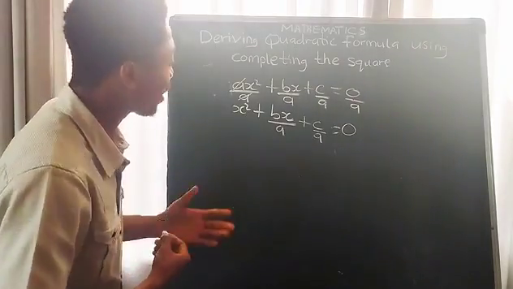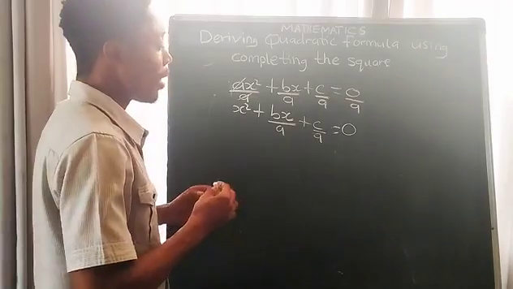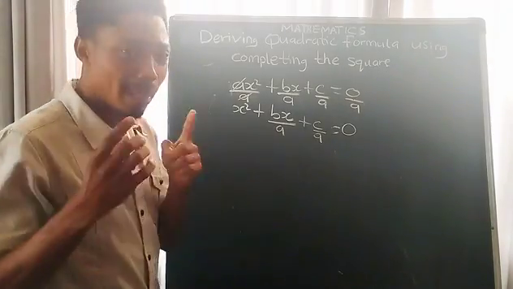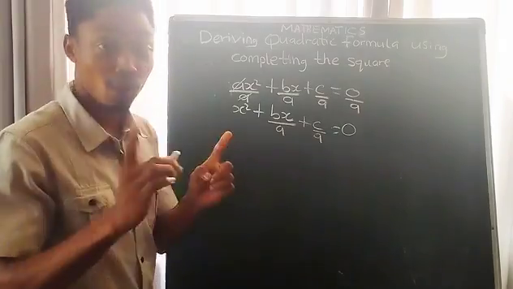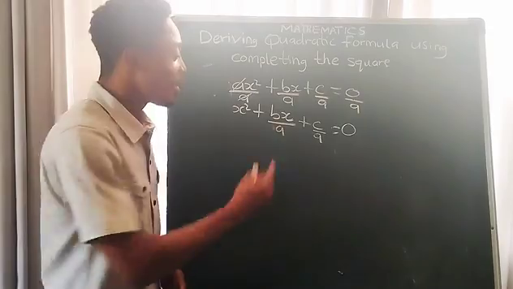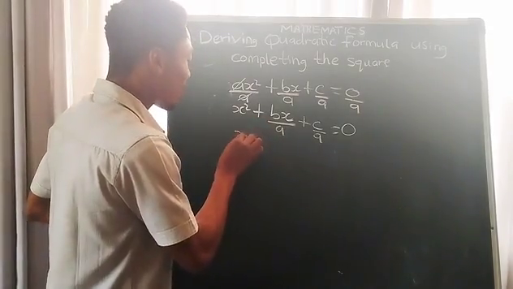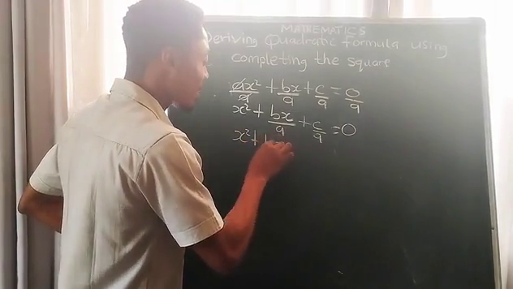The next thing we're going to do is collect like terms. What I mean by like terms here is that the terms with x, be it x squared or x raised to 1, are going to be on one side, and the terms without x are going to be on the other side. So this will become x squared plus bx all over a.